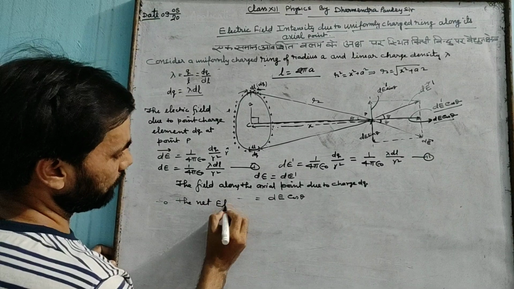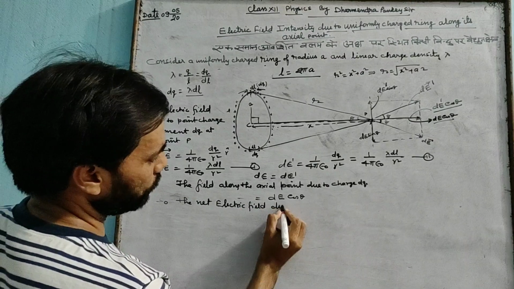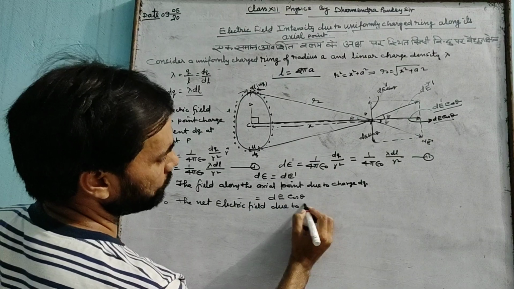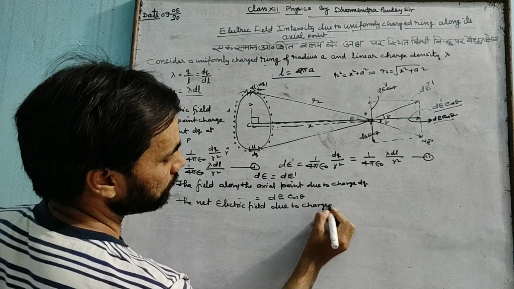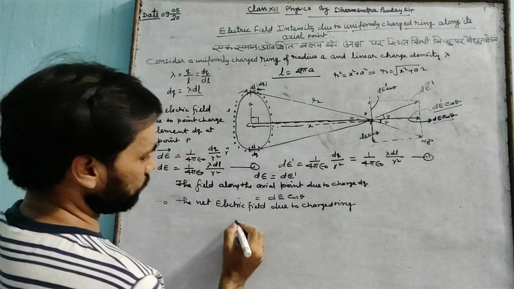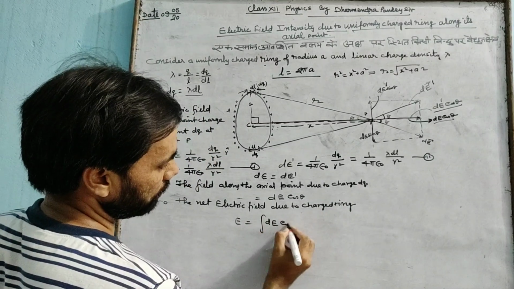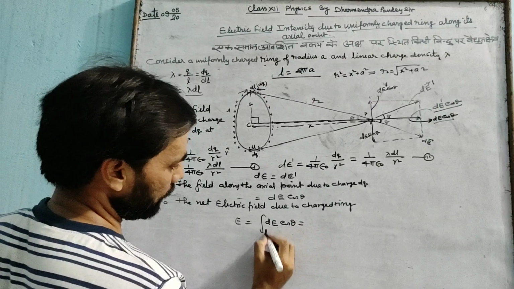So the net electric field due to the charged ring can be written as E equal to the integral of dE cos theta, that means a line integral.